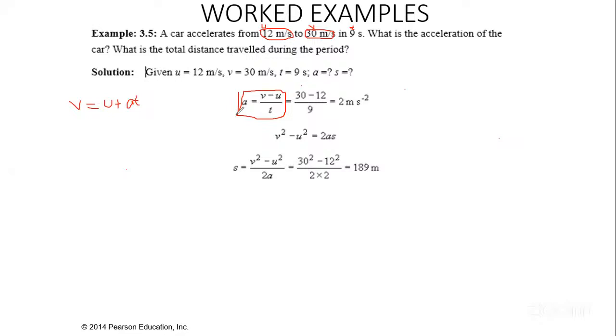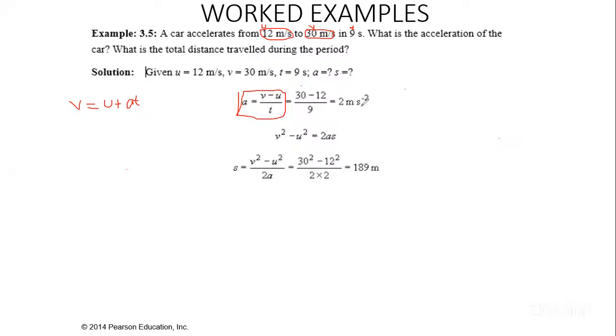So if we rearrange the equation, that becomes a is equal to v minus u over t. We substitute in the values. We have v to be 30, u 12, t 9. So 30 minus 12 is 18. 18 divided by 9 is 2. So that is our acceleration, 2 meters per second squared.